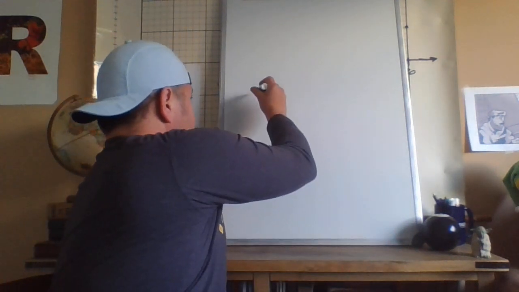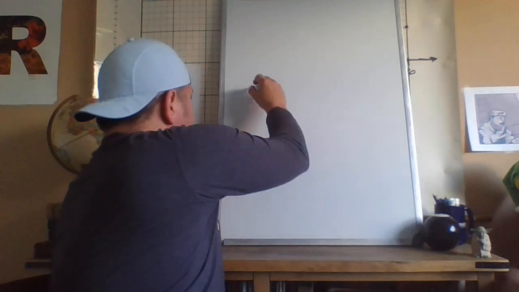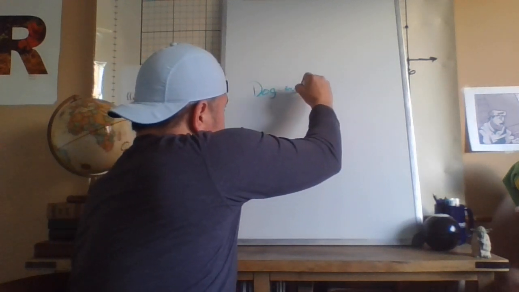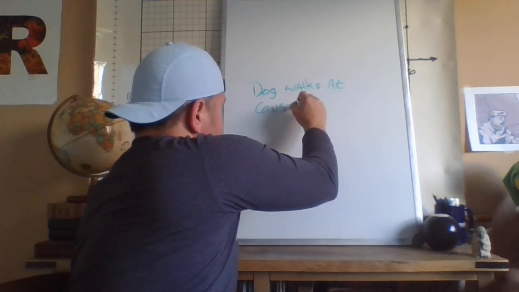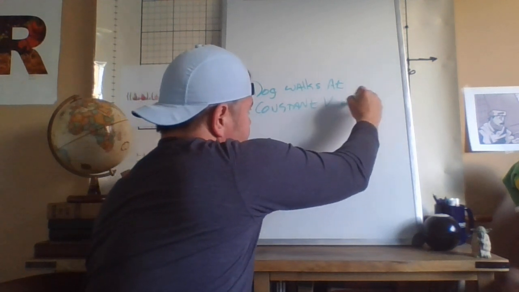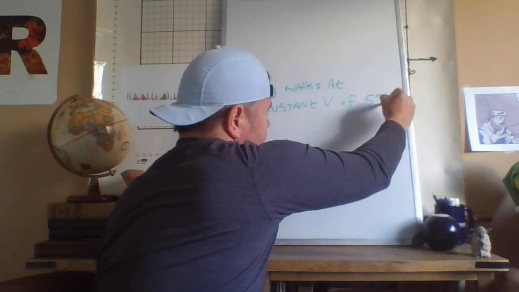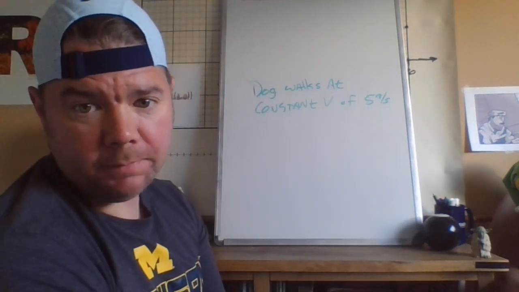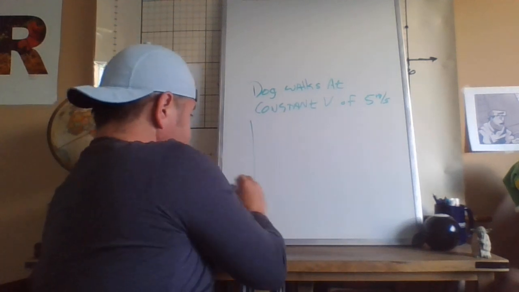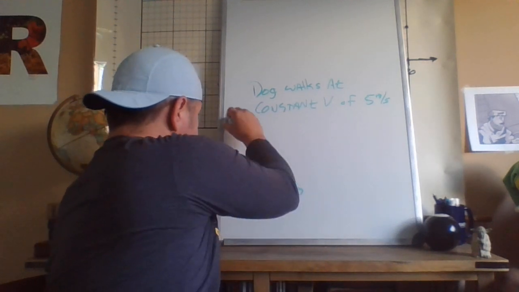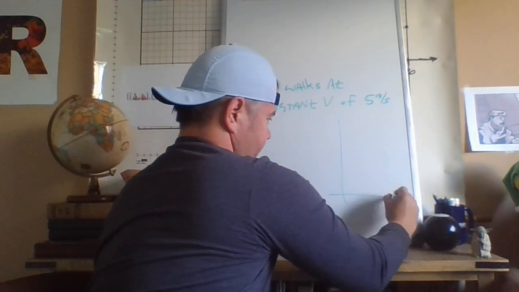Let's just say, very basically, a dog is walking at constant velocity of 5 meters per second. Real quick, I can throw together the two graphs here: position time and velocity time.